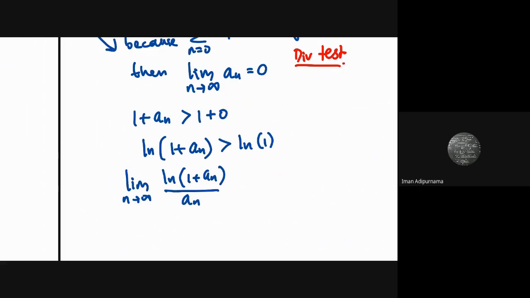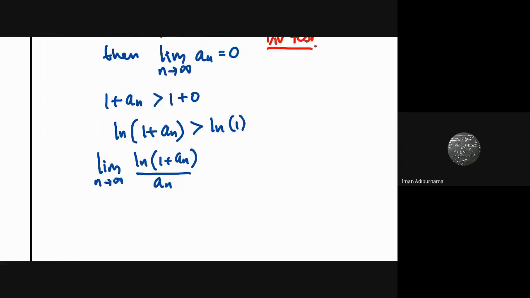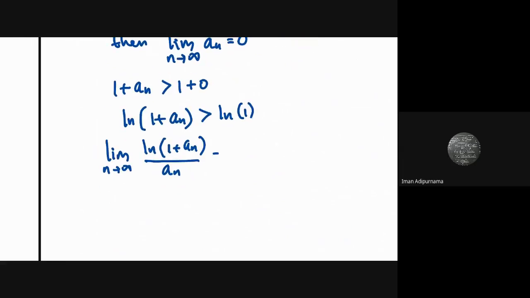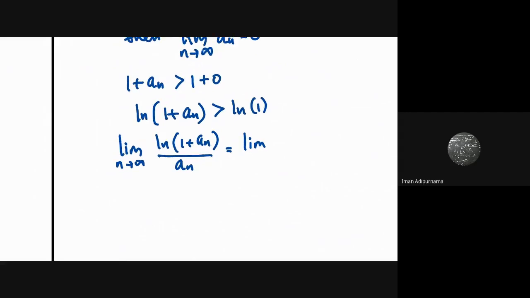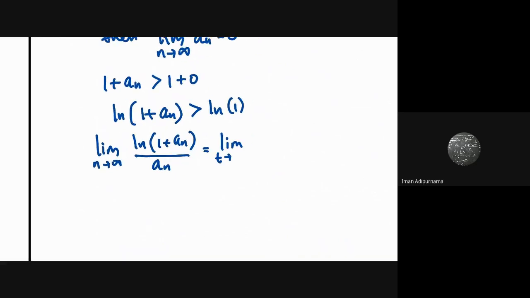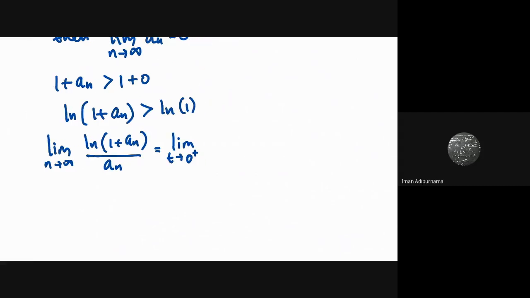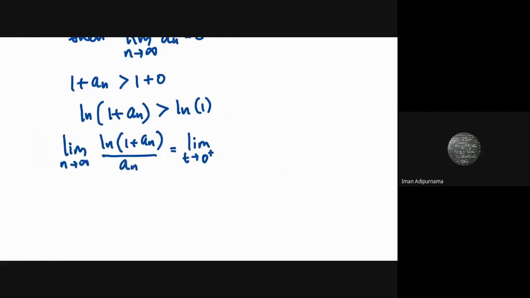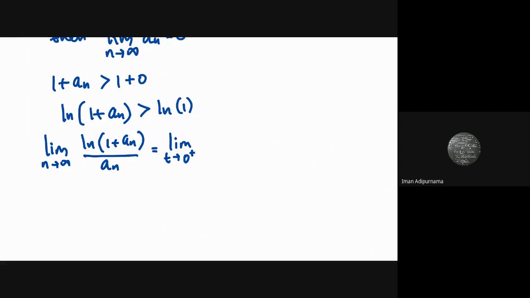Now we are going to use L'Hopital's rule here. And if you want, you can exchange the AN with some t. Let's say t goes to positive 0, and t is 1 over n. But if you just use AN, it will be the same result, I think.